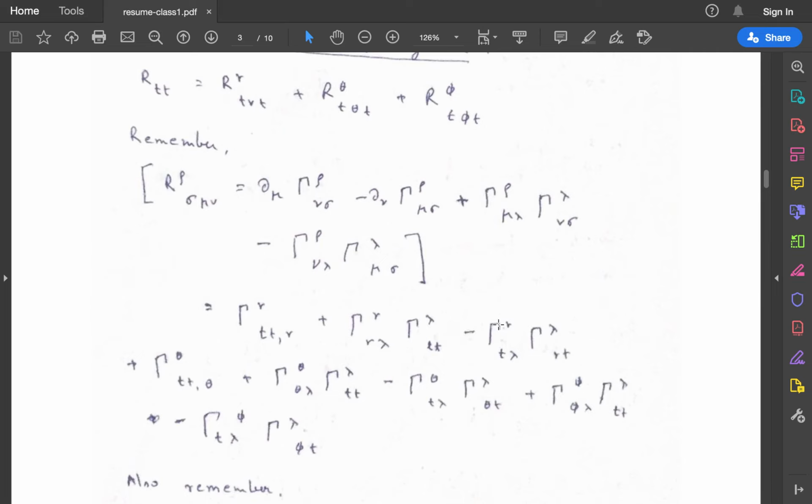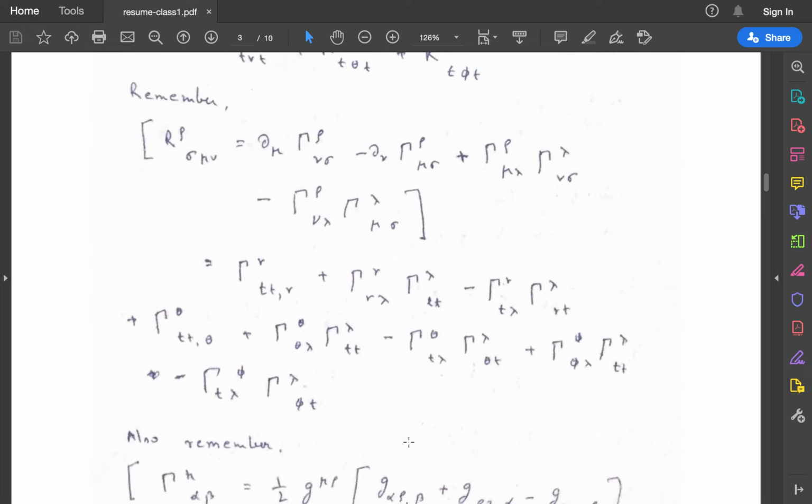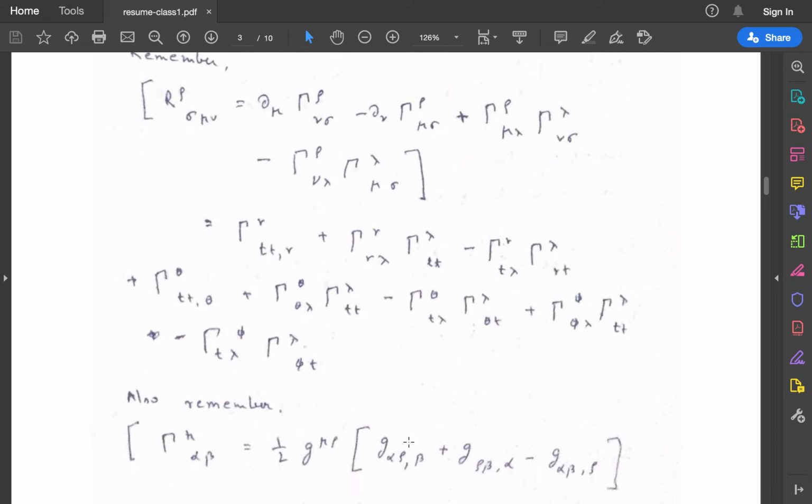It also has gamma^r_tλ multiplied by gamma^λ_rt. It also has gamma^θ_tt,θ plus gamma^θ_θλ gamma^λ_tt minus gamma^θ_tλ gamma^λ_θt, and gamma^φ_φλ gamma^λ_tt, and also gamma^φ_tλ gamma^λ_φt. You should all check these are the only terms, let me count: 1, 2, 3, 4, 5, 6, 7, 8, only these 8 terms remain.